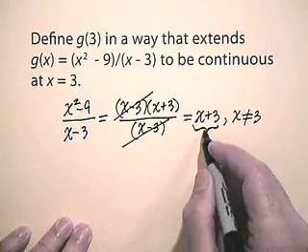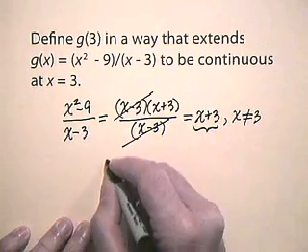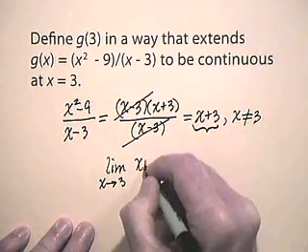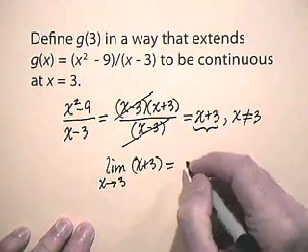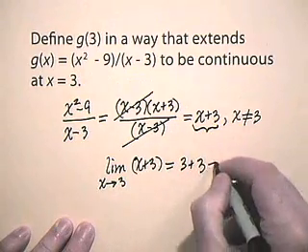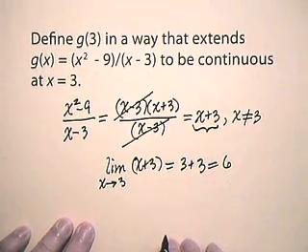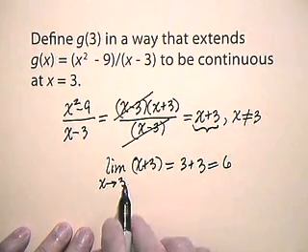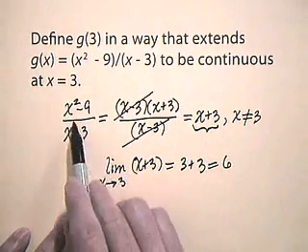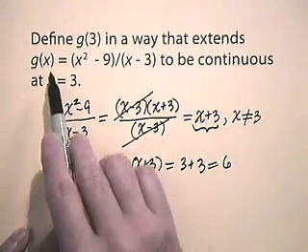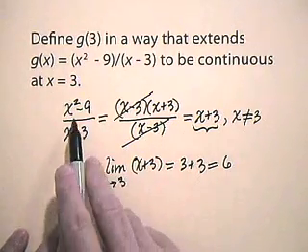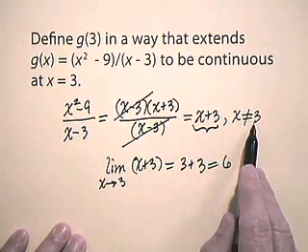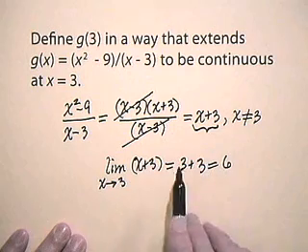So when I look at that expression, I know the limit as x approaches 3 of x plus 3 is simply 3 plus 3, which is 6. And so consequently, we can see now that what I have to do is define g of 3 to be 6.